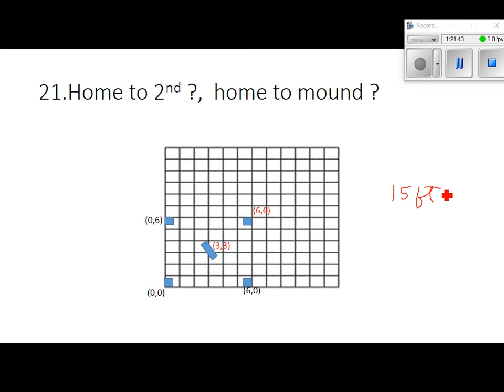And if we look at this from home to second, these two distances they're claiming are the same, and they're not actually, but we're going to go with what they say. If you knew home to the mound was 60 feet, 6 inches, because that's a normal baseball field, I give you credit for that one, even though that's not the answer we're going to come up with from their picture.